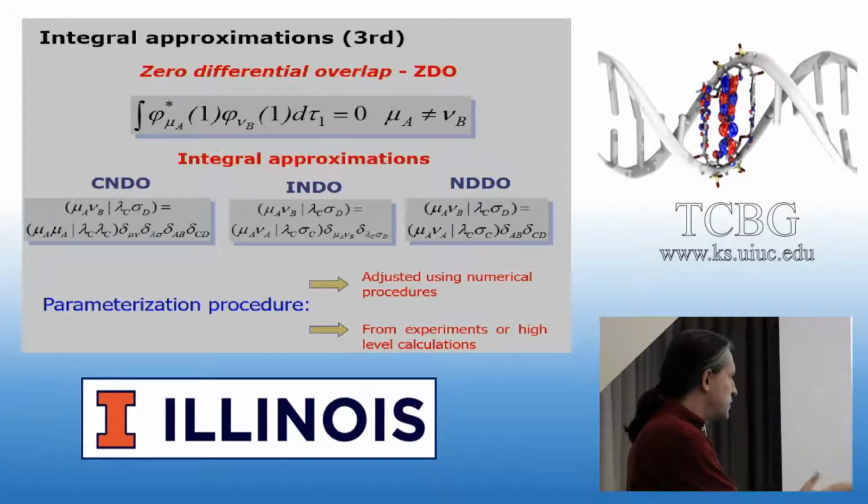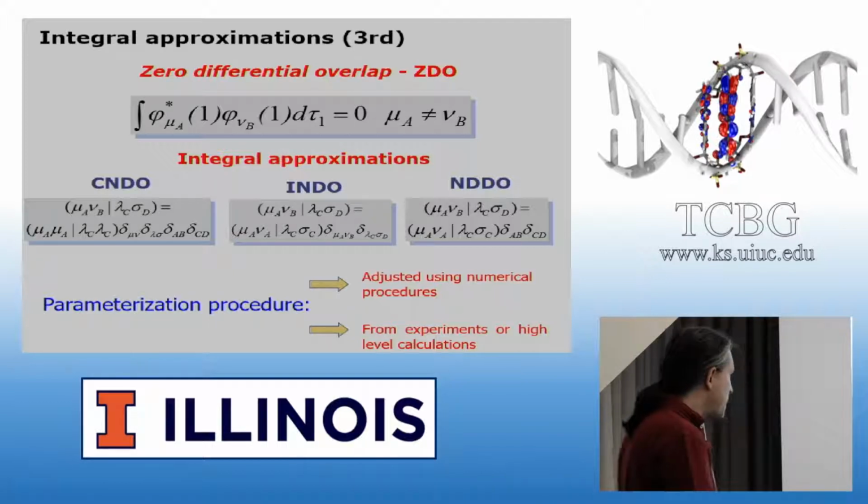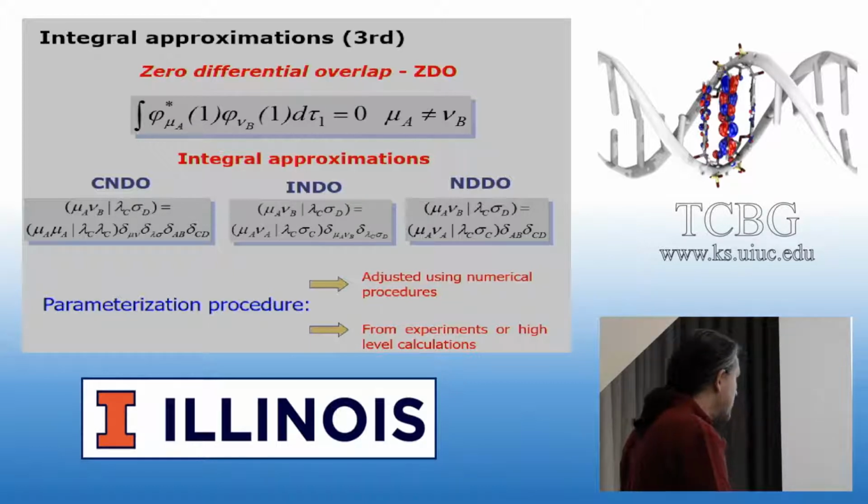The name of this theory is semi-empirical because it is not totally empirical. And if you insert this type of parameters, you need to find the best parameters for your method. That is the parametrization procedure.